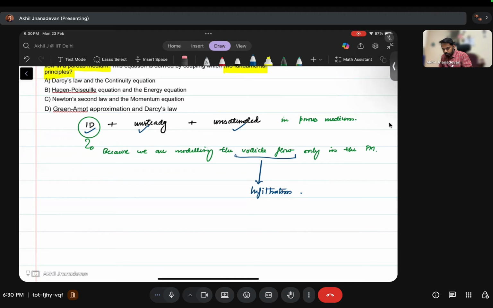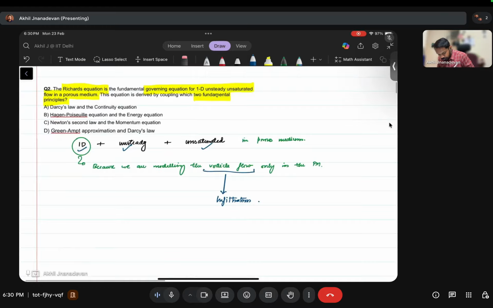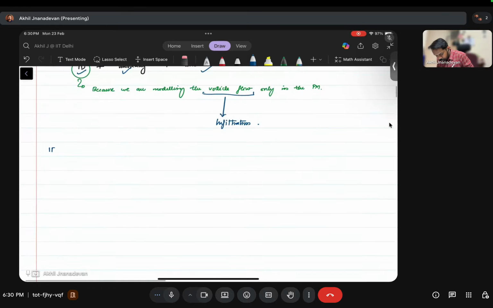For the 1D unsteady unsaturated flow case, we take two equations. The first one is the continuity equation, and the second one is the momentum equation.